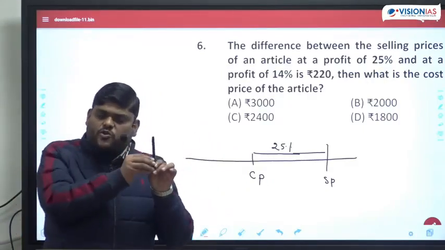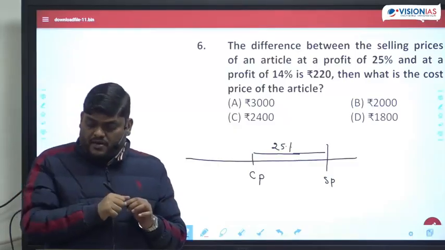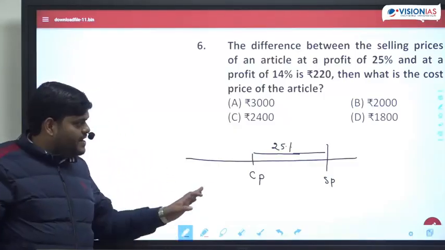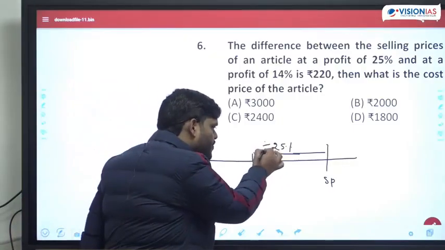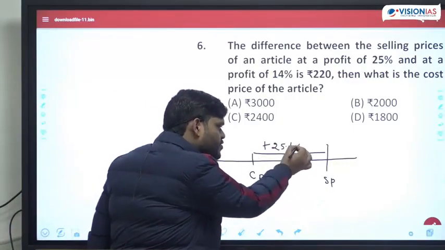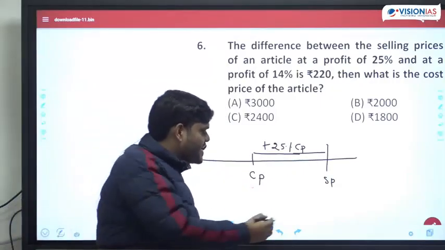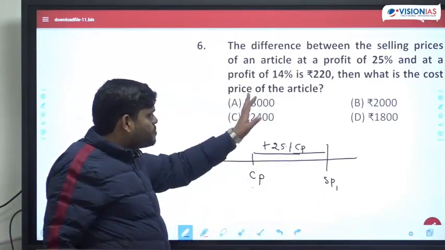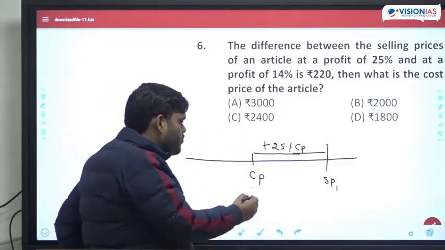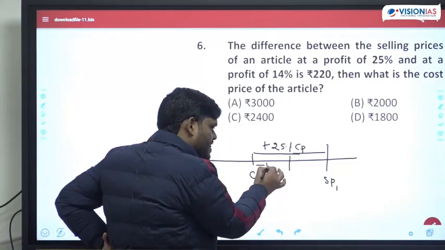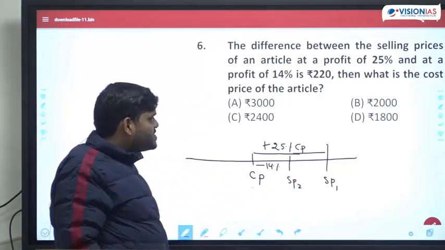I add 50 rupees to that, that will be the SP, so 50 rupees becomes profit. So understand here, CP is this one, and when I add 25% of CP into this, this becomes SP. Now this is SP1, and SP2 is the profit of 14%. So that means this is SP2 or not?